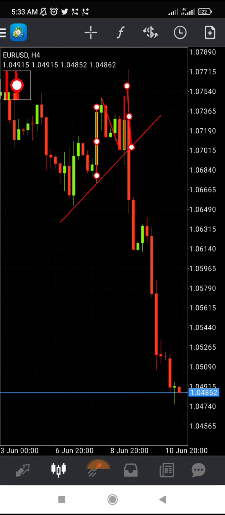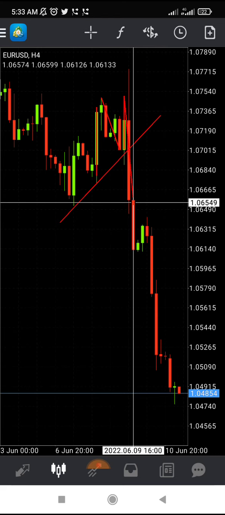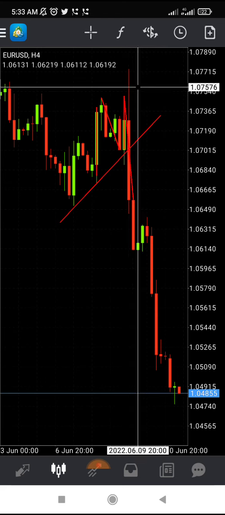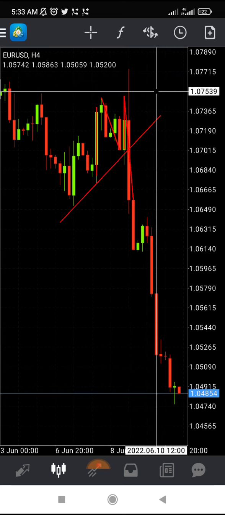And this is my final leg, that broke the trend line. This is my M, and you will have entered this trade here after it broke the trend line. Your stop loss as usual is above this high here.